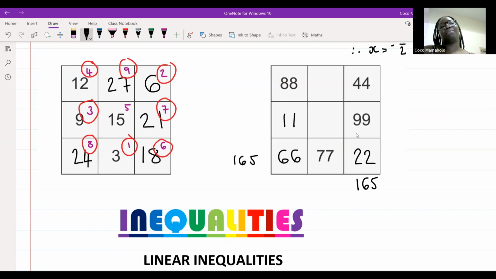And then you're going to also put 88 plus 33 plus 44. That's it. Good. And then for the last one, in the middle? 55. That's it.